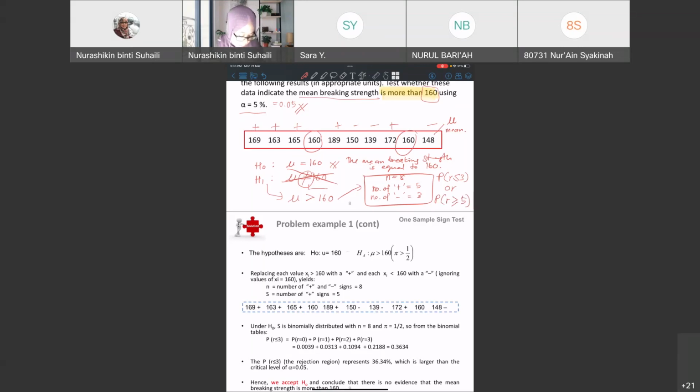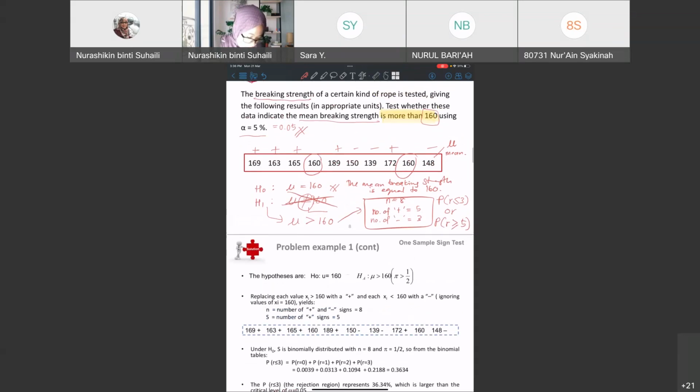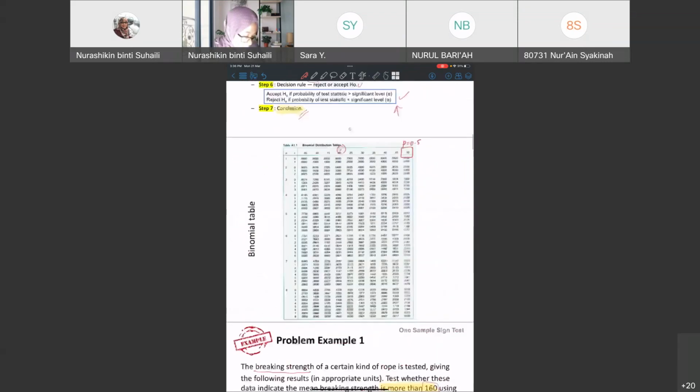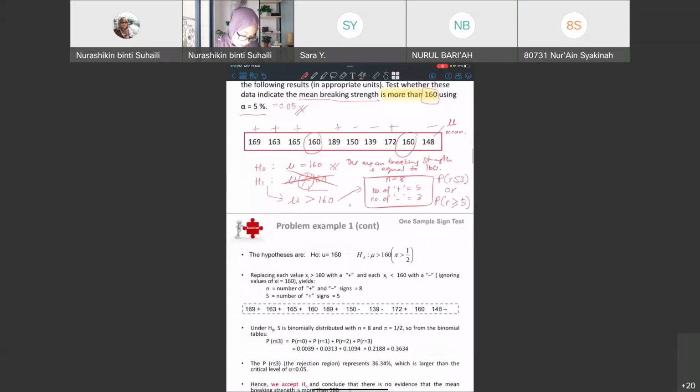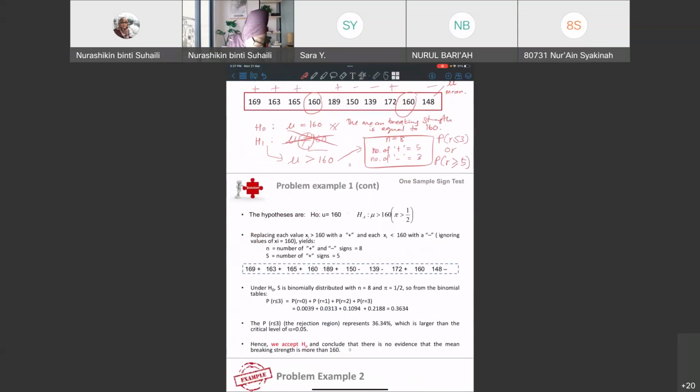Okay, what does it mean here? 1, 2, 3, 4, 5. So that is what is meant by step number 4. Okay, sekejap. So here, it's either one lah. Kalau you tengok R less or equal to 3 tu dia lagi kurang. Sorry, what you have to find here is P(R less than or equal to 3).